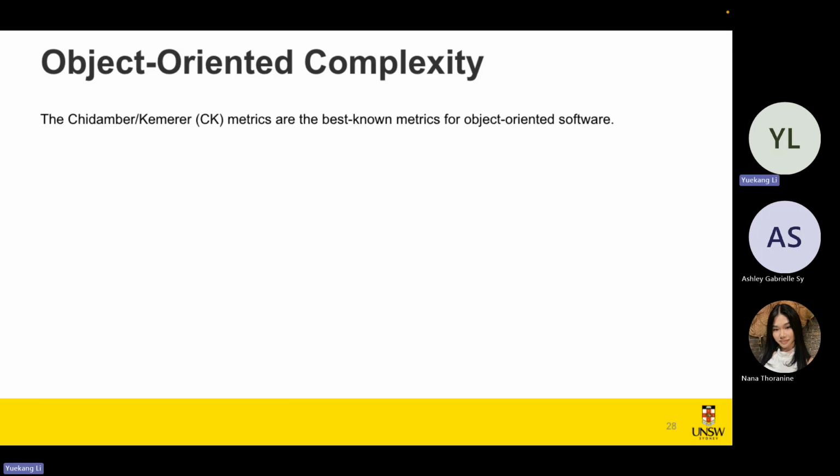The most famous set of metrics for calculating the complexity for object-oriented programs is known as the CK metrics, which is also named after the inventors' names. And like Halstead's metrics, it is a set of complexity metrics that could be calculated with some values extracted from the software.